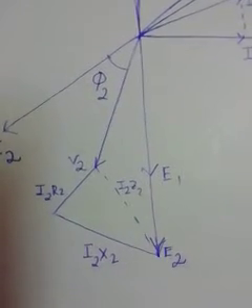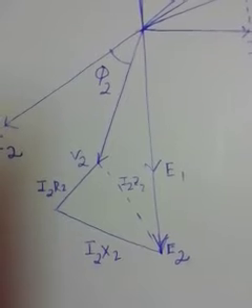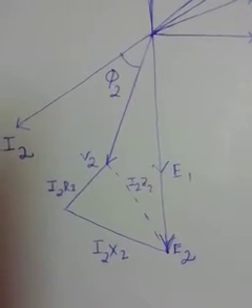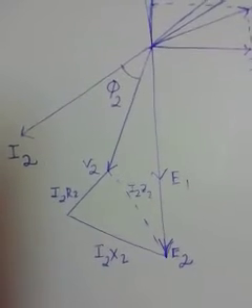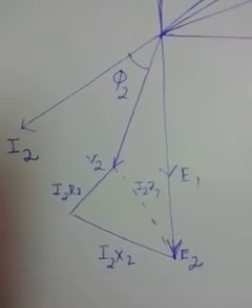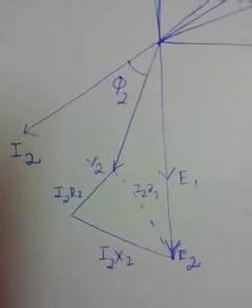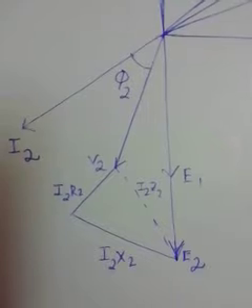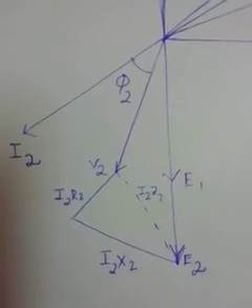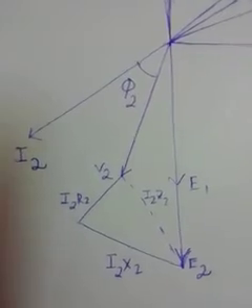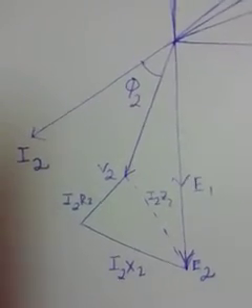Because once E2 is produced, only then the current I2 starts to flow, and once I2 flows through the load and the secondary winding, there will be some drop across the secondary winding parameters, just like the primary winding drops. So here also the same drops are shown, making a voltage triangle in the secondary side, which is I2R2, I2X2 and I2Z2.